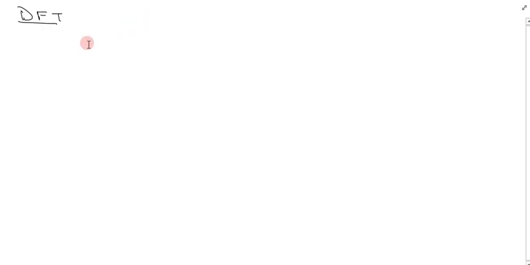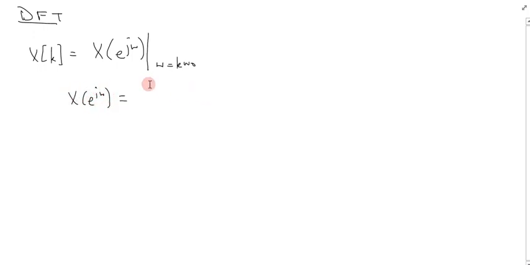As I have just mentioned, you can get the discrete Fourier transform by sampling the discrete time Fourier transform. As you have studied in chapter number 2, it is equal to the summation from minus infinity to plus infinity of x of n e raised to power minus j omega n.